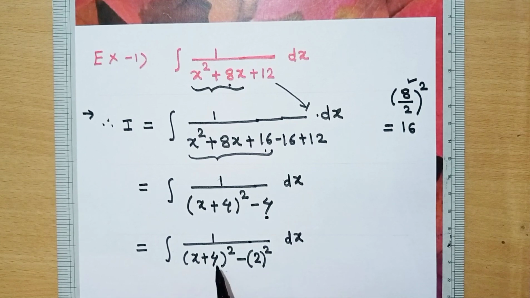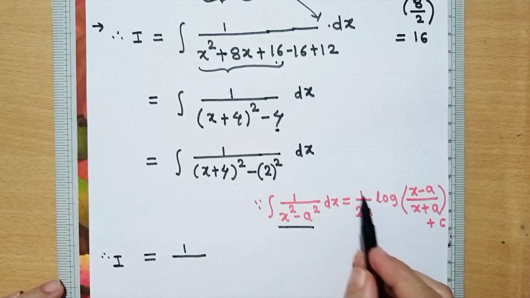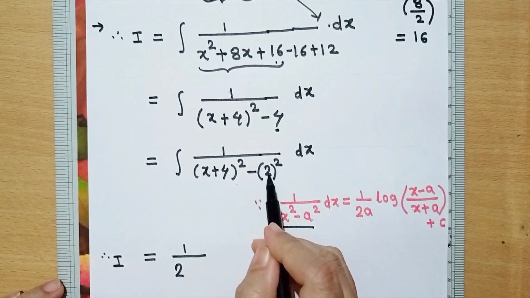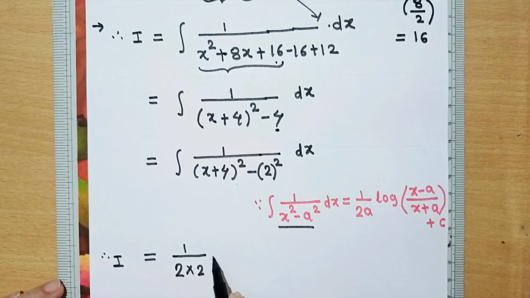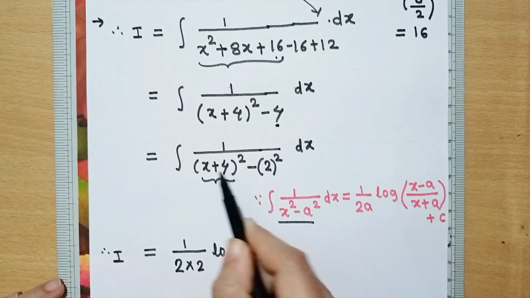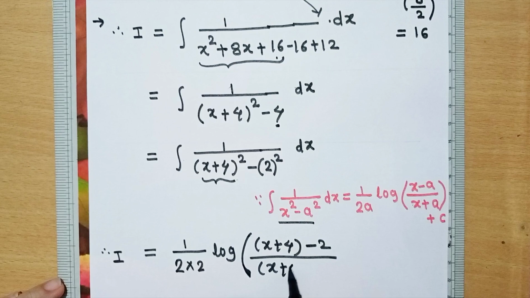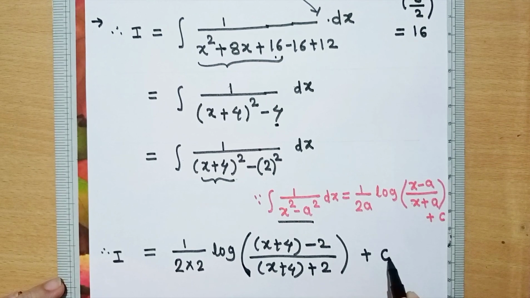Now this is in the form x square minus a square. So we will use this formula. So 1 upon 2a, a means 2 here, and then log of, now check x minus a. So x means we have to use here x plus 4. So I am writing here x plus 4, and then minus a means 2, and here x plus 4 and plus 2, and then write down plus c.